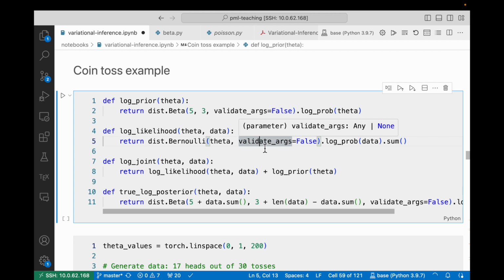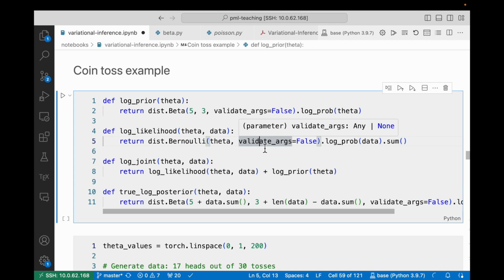So what is the new thing that we will now do in this setup? What is the goal in Bayesian inference? To compute the posterior. Here we know the true posterior, but let's assume we are not able to compute the true posterior.